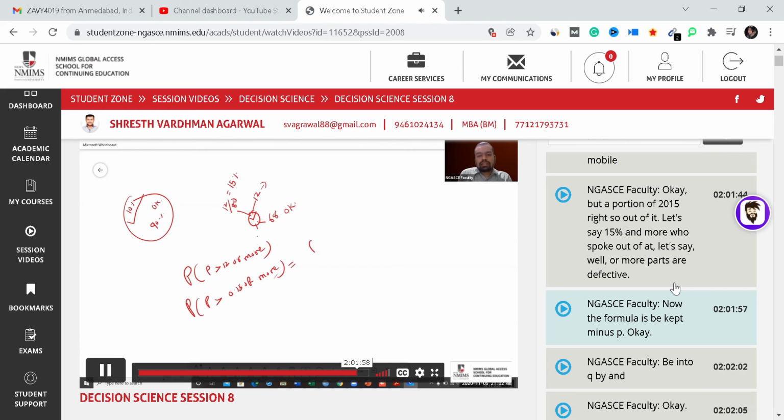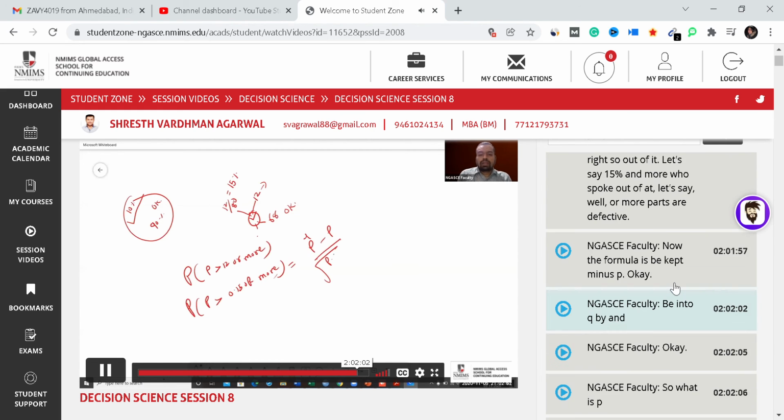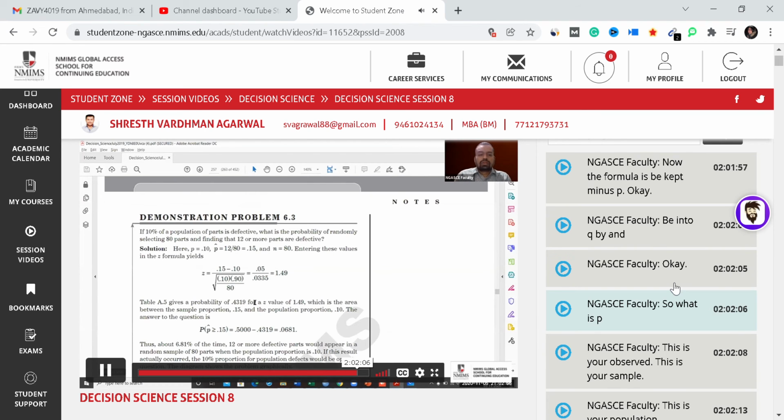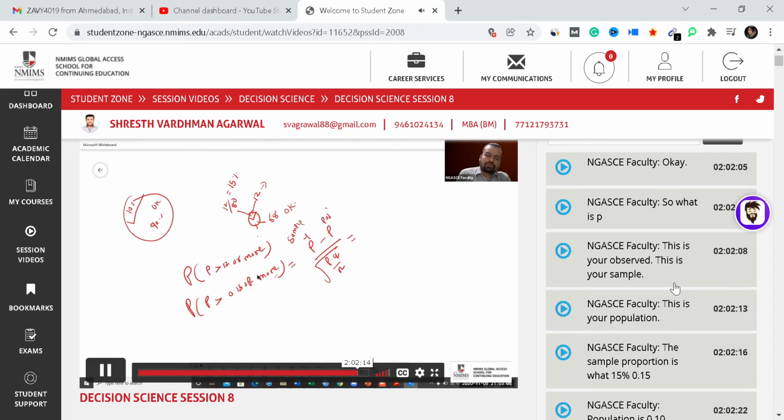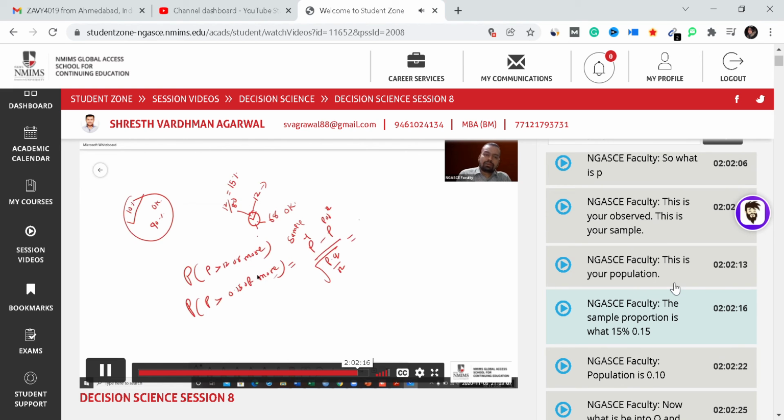Now the formula is P cap minus P, divided by the square root of P into Q by N. So what is P cap? This is your observed, your sample. P is your population. The sample proportion is 15%, 0.15.